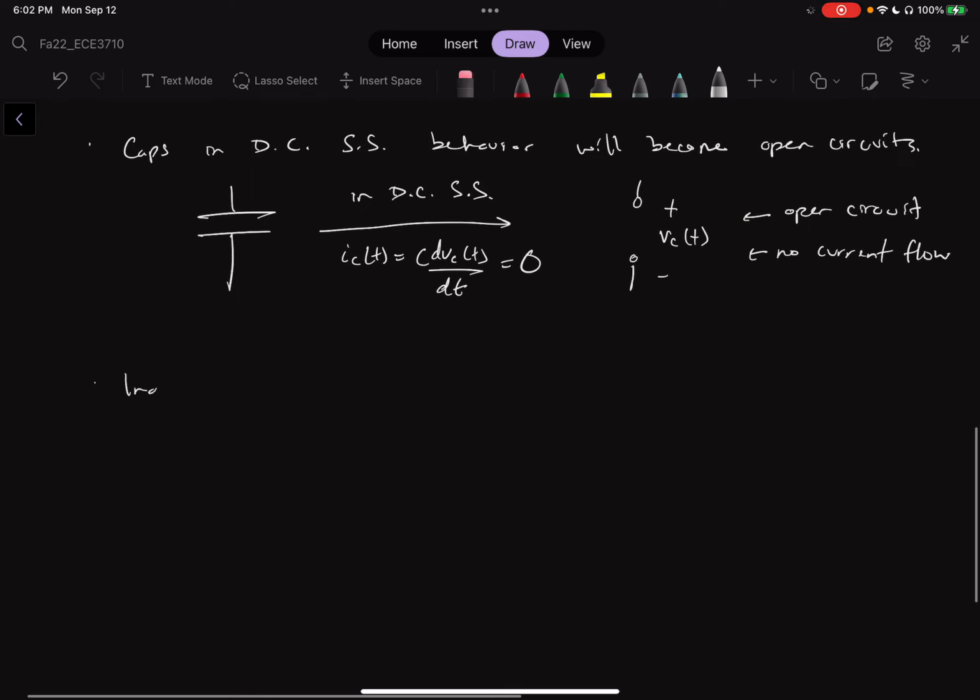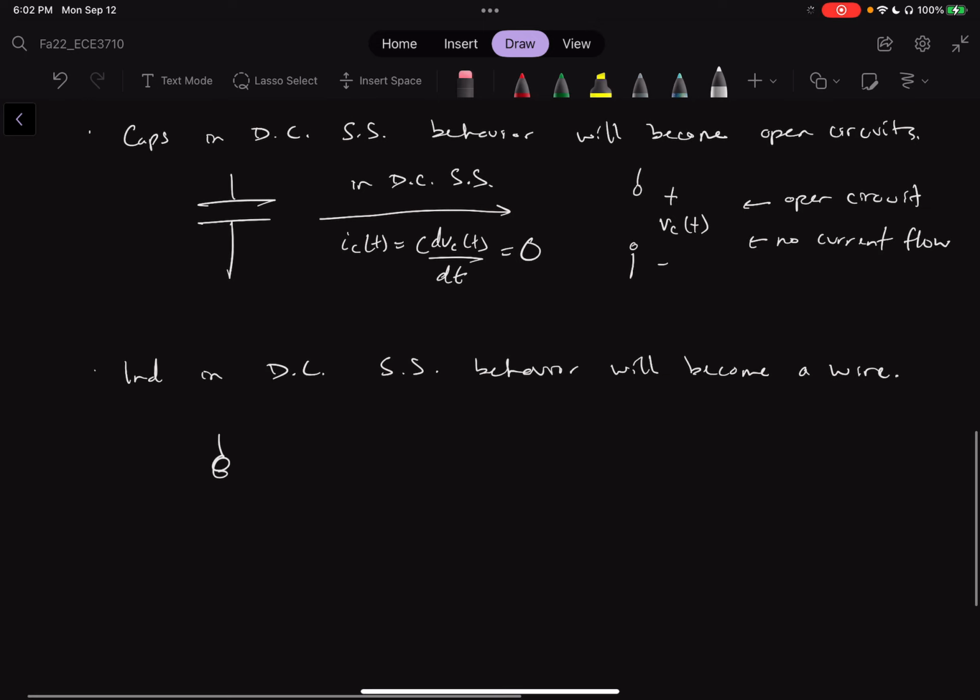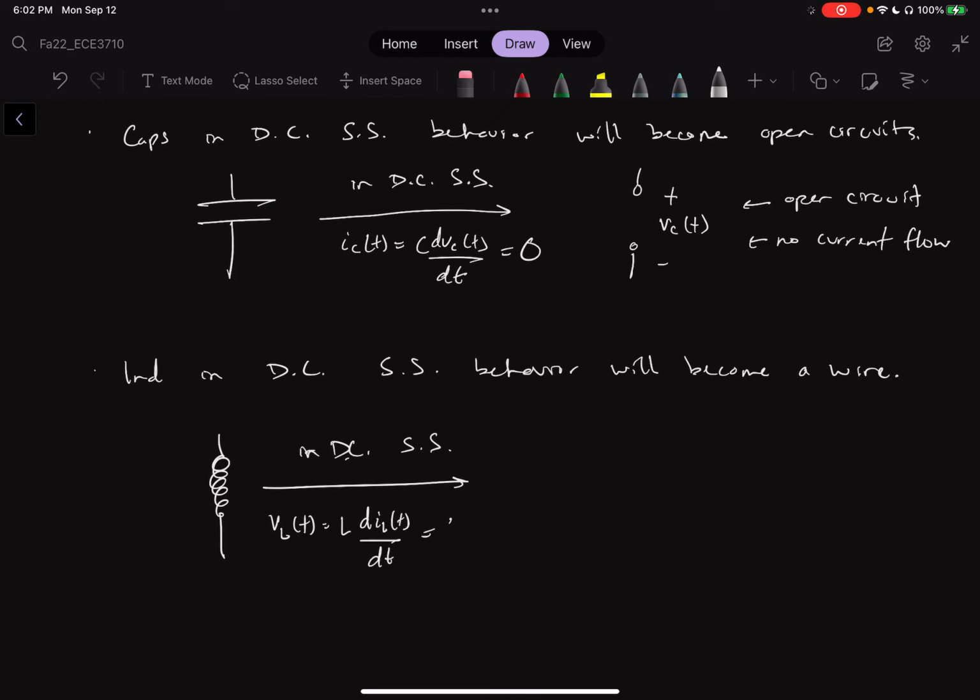What about inductors in DC steady state? They will become a wire. Why a wire? Because in DC steady state, the voltage across the inductor is equal to L times the derivative of the current, which is equal to 0, because the function with respect to time went to 0, just as above.